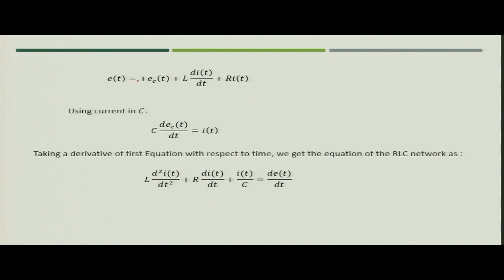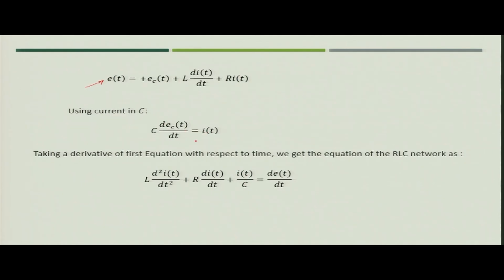So, if you take the derivative of this equation with respect to time, what can we write? We can write L d2I by dt2 plus R di by dt plus dEc by dt. So, dEc by dt you can simply replace with I by C.